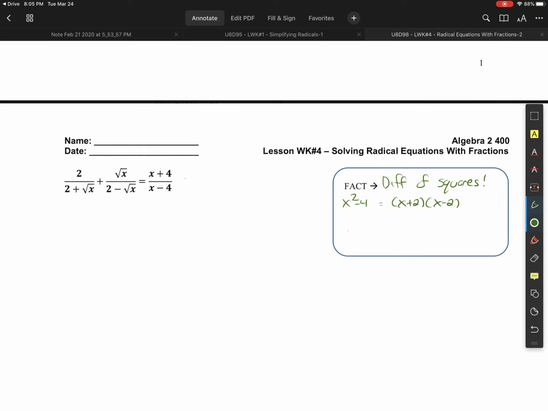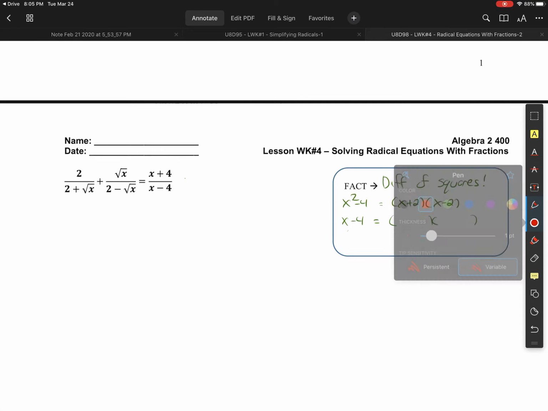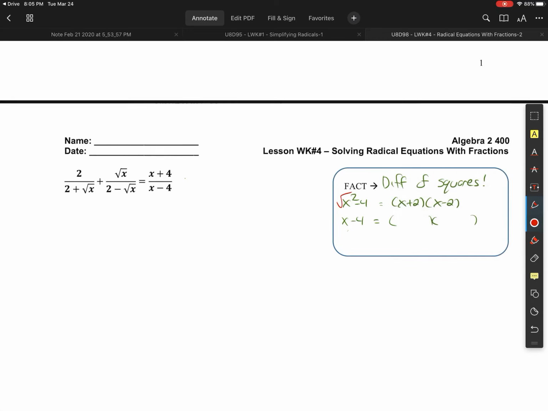Alright, we're very used to that. But know what? If we have x minus 4, we can still do difference of squares. So what we've always been doing is square root of x squared is x, square root of 4 is 2. Same idea here. The square root of 4 is 2, but the square root of x is just rad x.